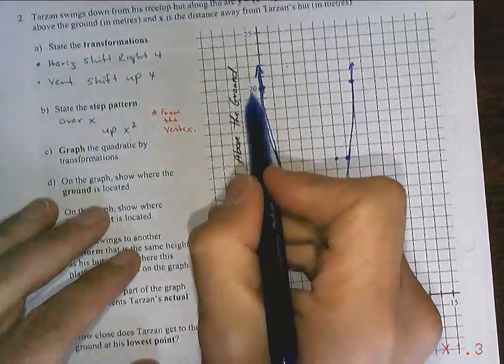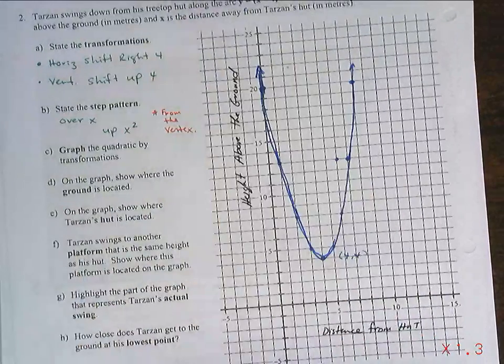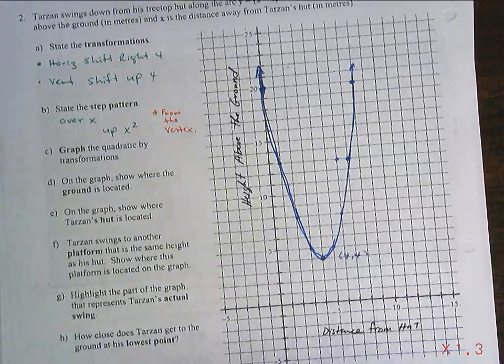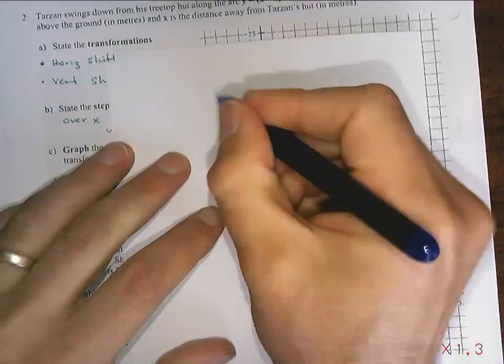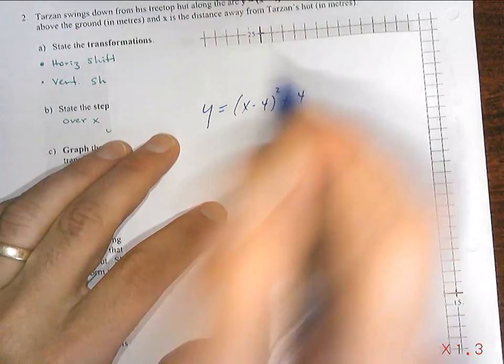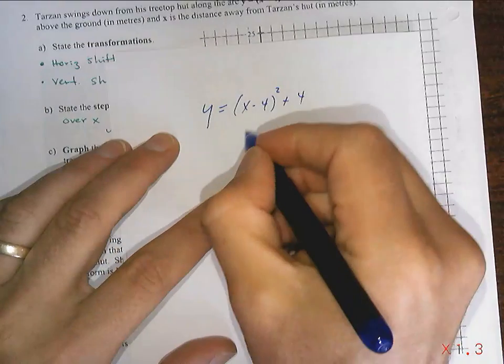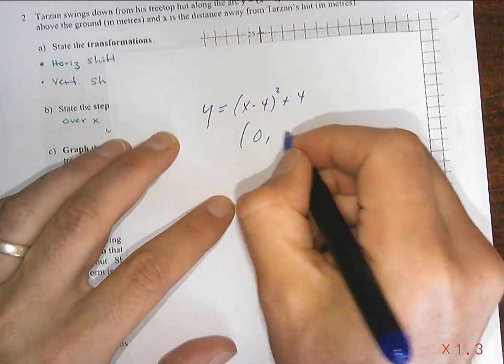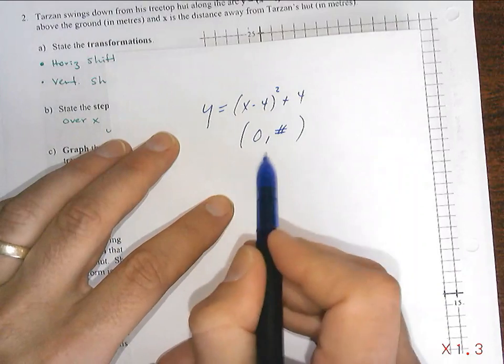There's another way to get this 20. Let's look at this equation. Y equals x minus 4 squared plus 4. You know for a y-intercept, or at least you should know, that x is always 0. So this is what we're after.